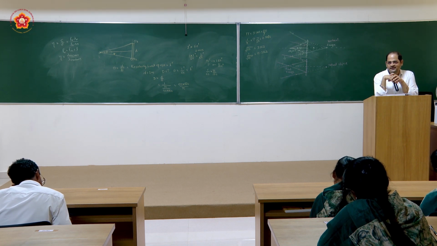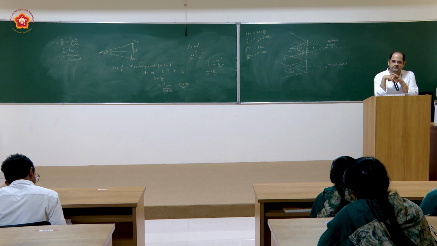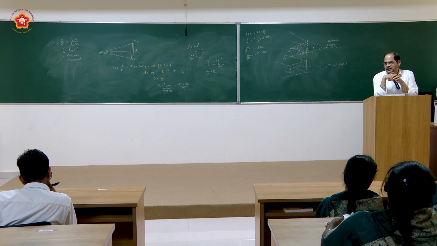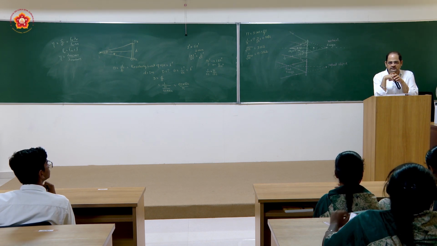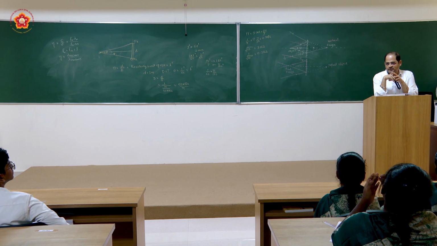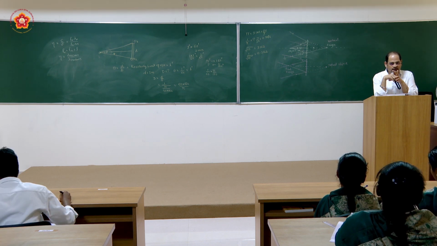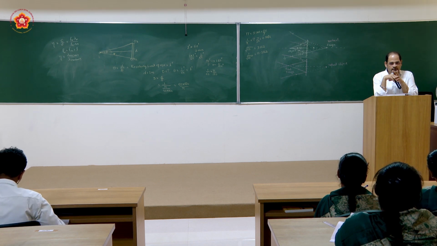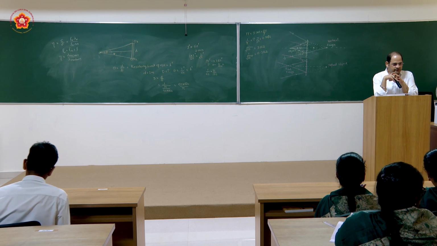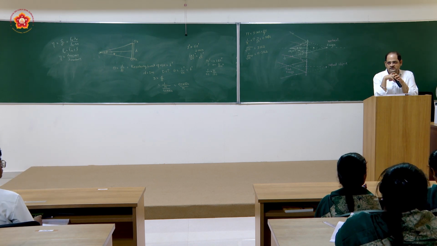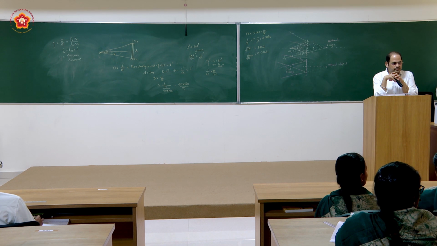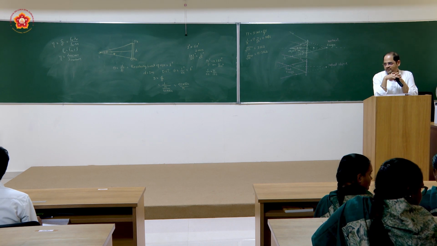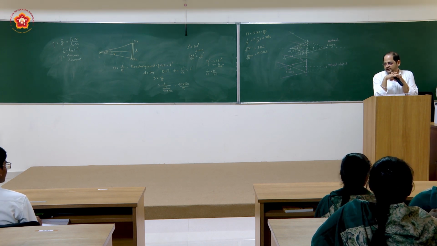Now you'll say, sir, optimum, maximum, minimum, constant, how is that possible? It is a mathematical term which we learn in mathematics. How many of you are having mathematics? Have you learned about the derivative? There is a term called maxima, minima. First order derivative, second order derivative.